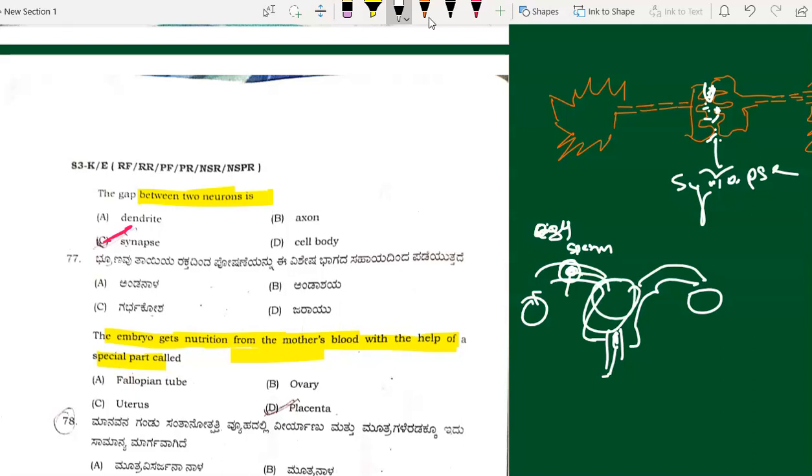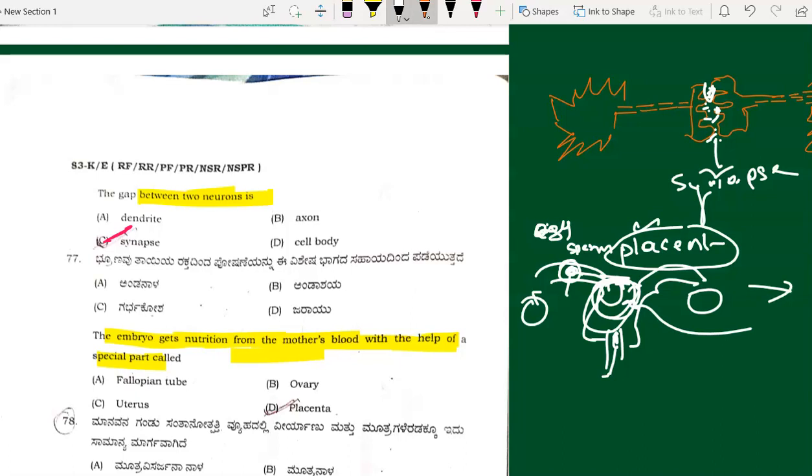So once the baby starts development, a special tissue is going to form immediately. That fleshy tissue is called placenta. Through the placenta, the waste produced by the baby is sent out, and all the nutrients will be supplied to the baby or embryo through the placenta only.